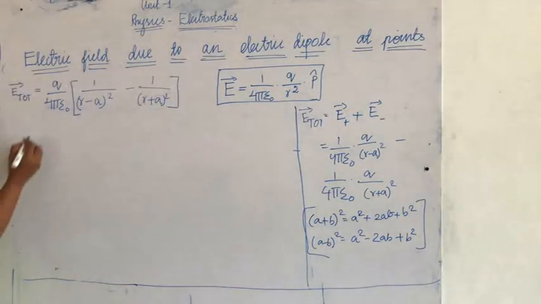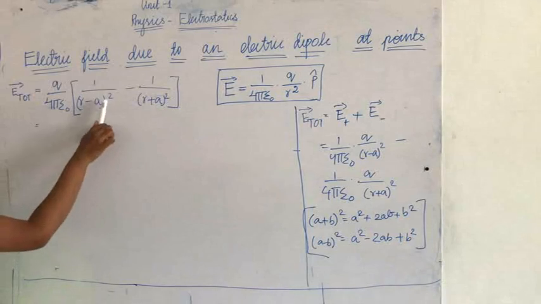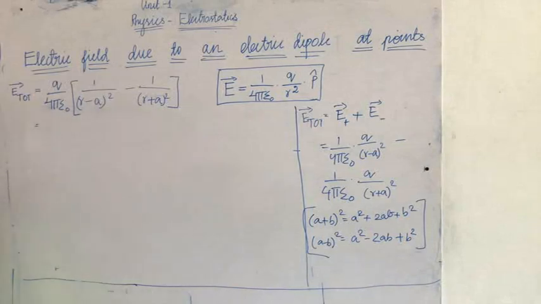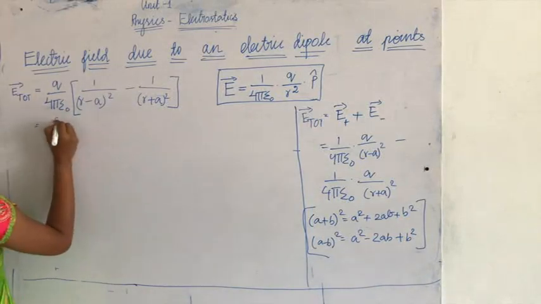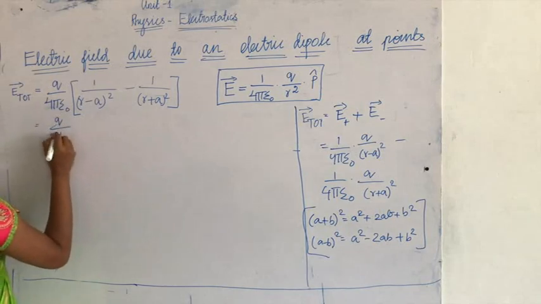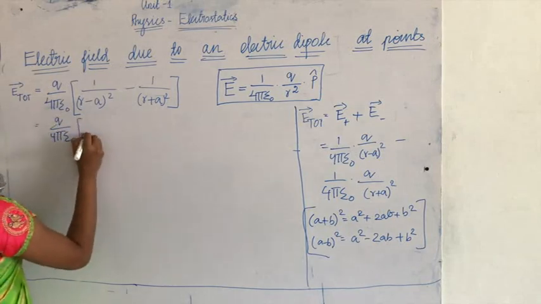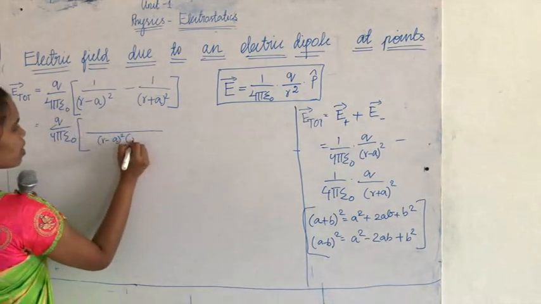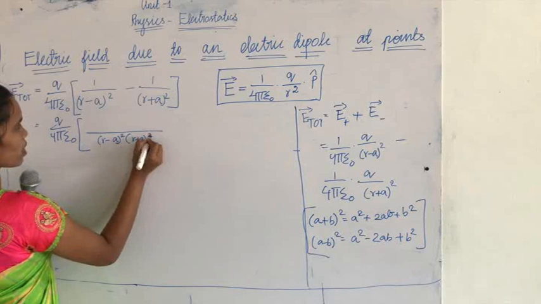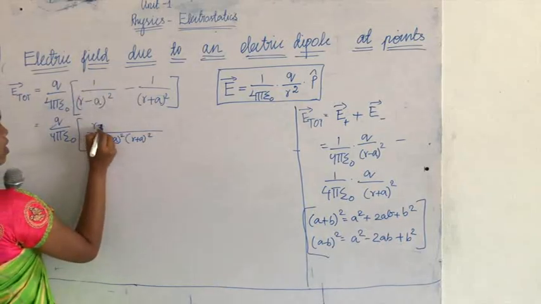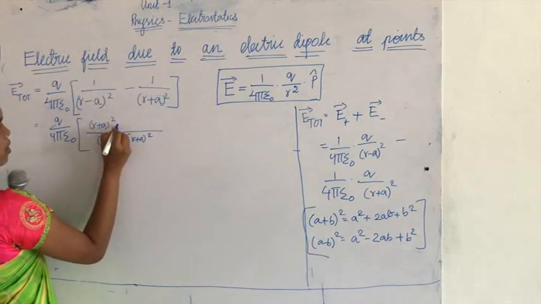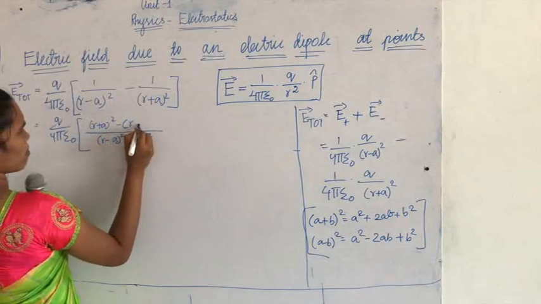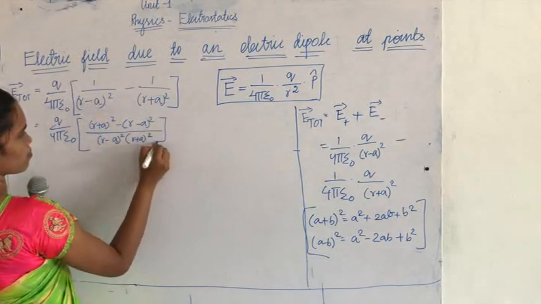See, (r minus a) the whole square, (r plus a) the whole square. Now we are going to take LCM. Q by 4 pi epsilon 0, (r minus a) the whole square, (r plus a) the whole square, cross multiply: (r plus a) the whole square minus (r minus a) the whole square.